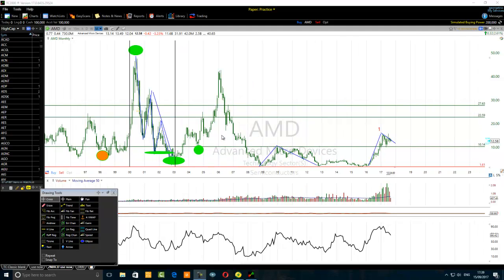So let's look at this price structure here. You see the price structure here from, call it 1999, where I place my vertical line, to this point here, 2000. The financial instrument that we are looking at is Advanced Micro Devices.